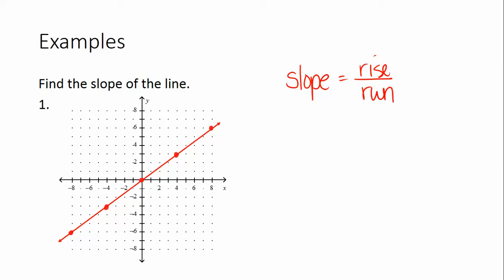And because it's a straight line, the slope is the same anywhere on that line. It doesn't matter what ordered pair you start with. To start counting the slope, you do want to start on an ordered pair that you know. So you can see them all kind of dotted in here.